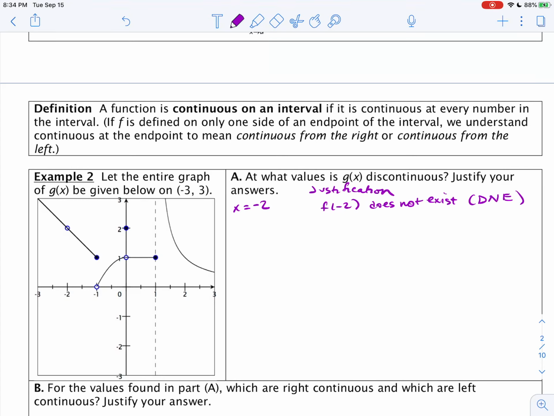Good. It's also discontinuous at x equal to -1. And what's the justification there? The two-sided limit, the limit as x approaches -1 of g of x, does not exist. And why does it not exist?